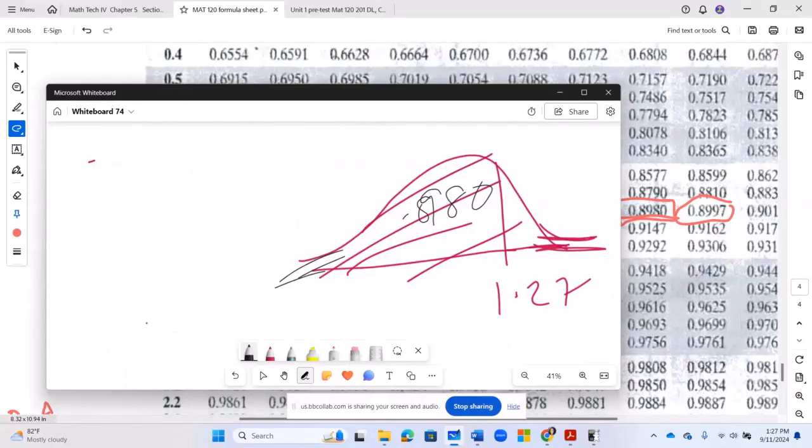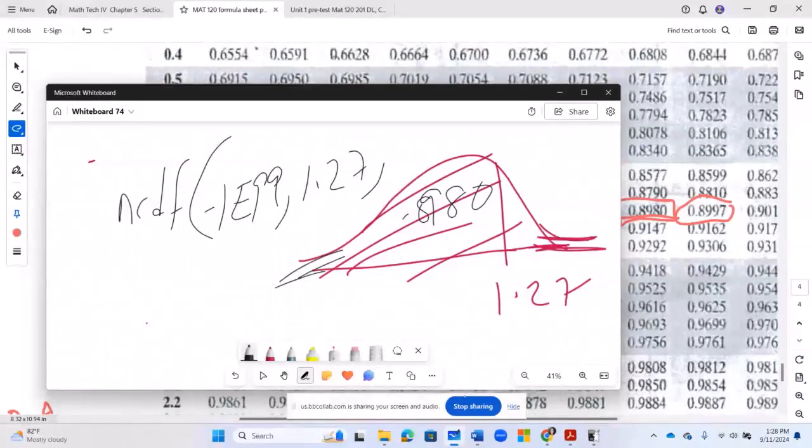All right. So if you're using the calculator, then you will say normal CDF, negative infinity, e to the power 99, then 1.2701. If you put it in the calculator, you get the answer.